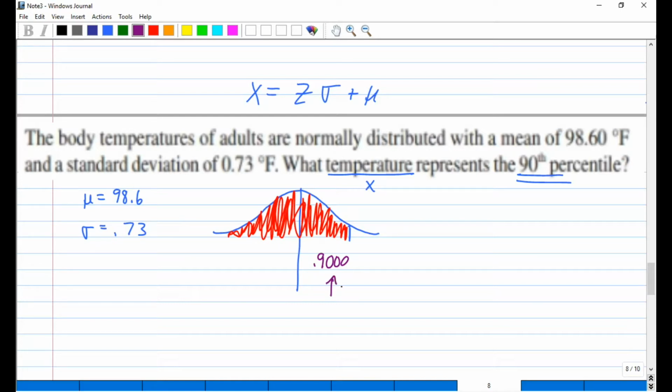But the z-score that we would get is z equals 1.28. All right, so our x value, we want to know what would the 90th percentile temperature be. It's going to be x equals 1.28 times 0.73 plus 98.6. All right, so that's what we need to do in the calculator.